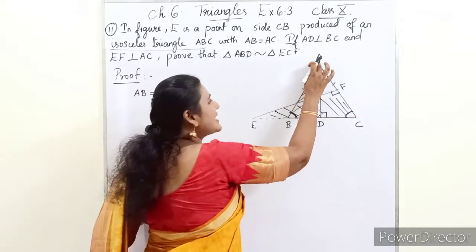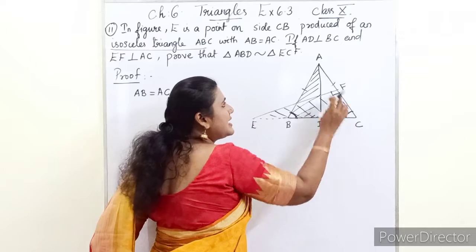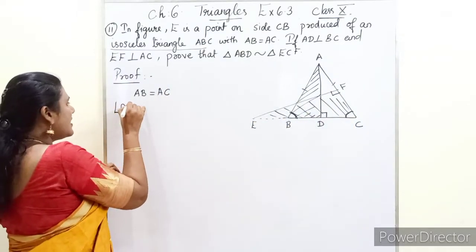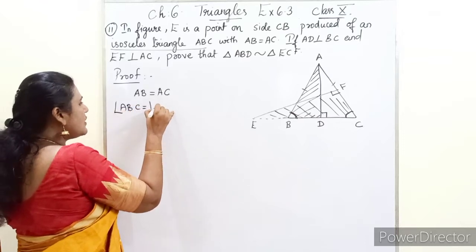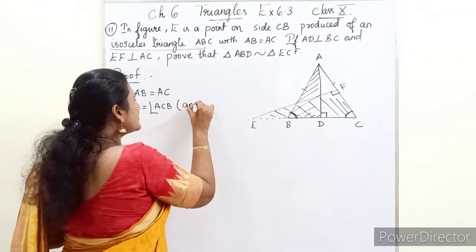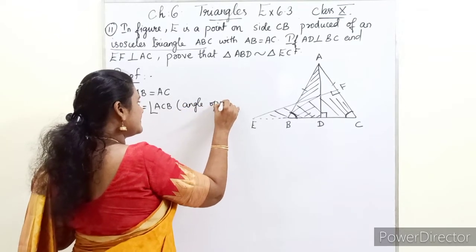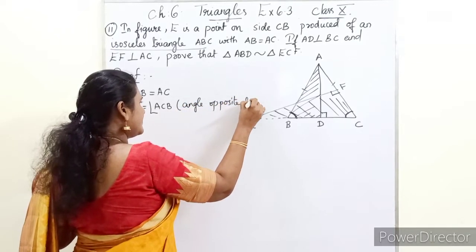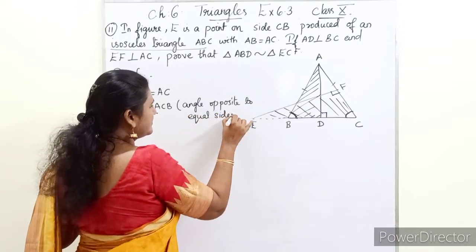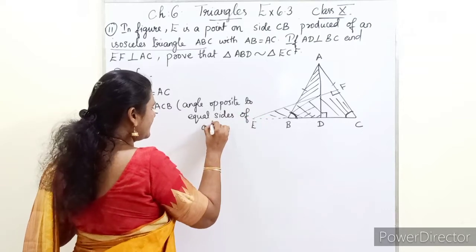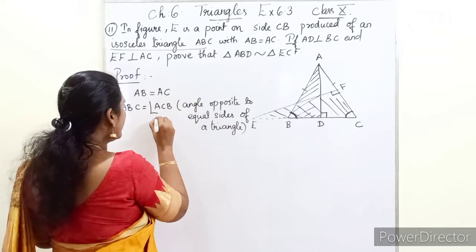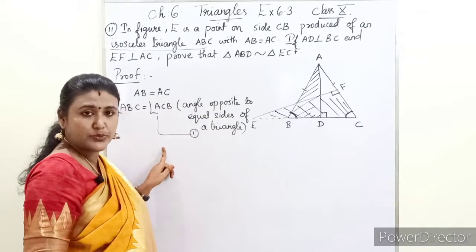So we get angle ABC is equal to angle ACB. Reason: angles opposite to equal sides of a triangle. We will denote this as equation number 1.